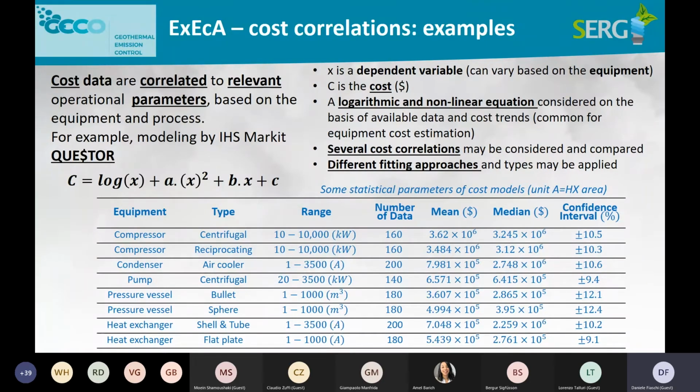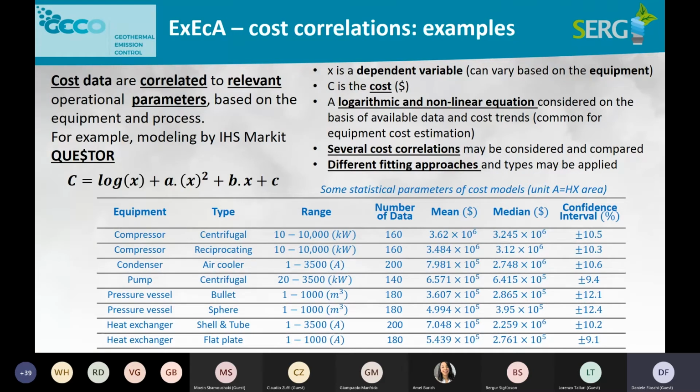Here, we propose the example of modeling by IHS Markit Castor that we applied in a recent publication from our group, and the cost correlation function has a logarithmic and a non-linear part. X is a dependent variable which can vary based on the equipment, and C is the cost of the component.